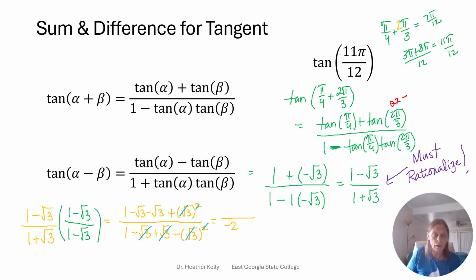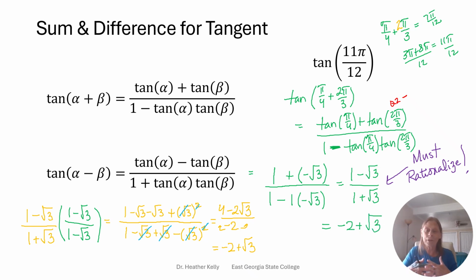So this is going to be 4 minus 2 square roots of 3. Now, you can't leave it like that. You got to keep on keeping on here. And so you can either factor a 2 out of the numerator, or you can group it up however you want to do it. So we get negative 2 plus the square root of 3. And so that is what our final answer is. It is negative 2 plus the square root of 3.